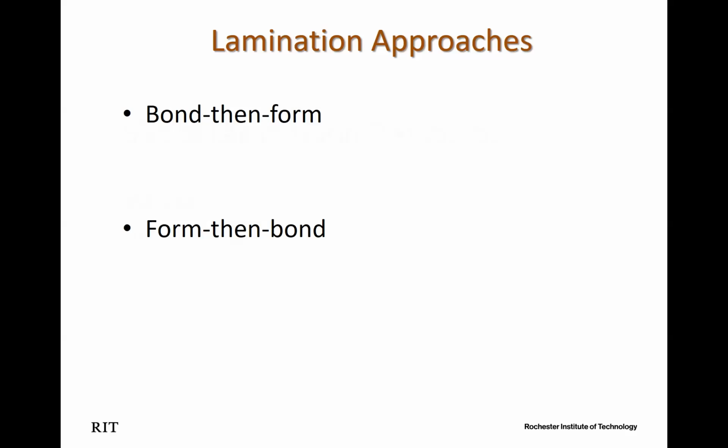In this case, you already have one sheet for one layer, and what you could do is bond different sheets together and then form the shape by cutting with a laser or a knife to form the contour of the object.